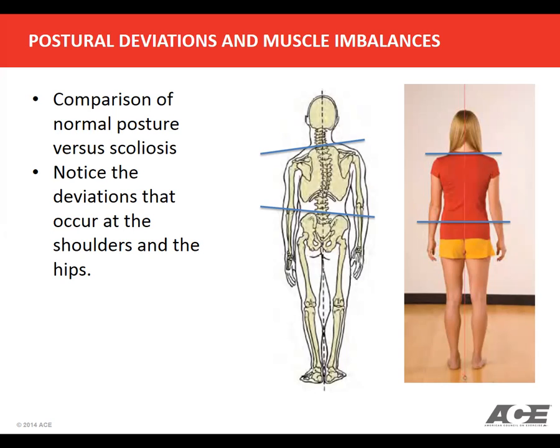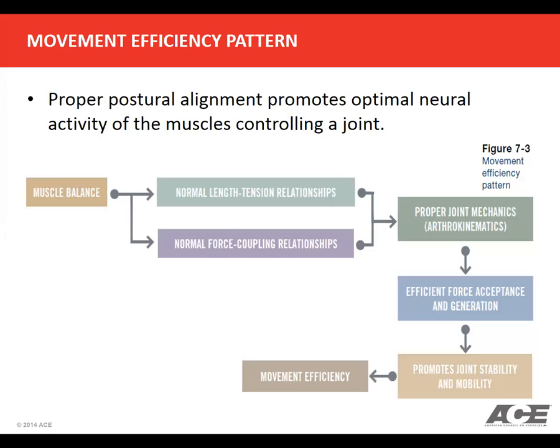Now, again, some people that don't even have scoliosis, just because of the way they stand and the way they do things, may have a little bit of a drop on one side and a hike on the other. But again, that sometimes just has to do with the way they stand, and they kind of have a leg that they like to stand on and a leg that they kind of like to rest or relax typically. And so you may see that as well. Okay.